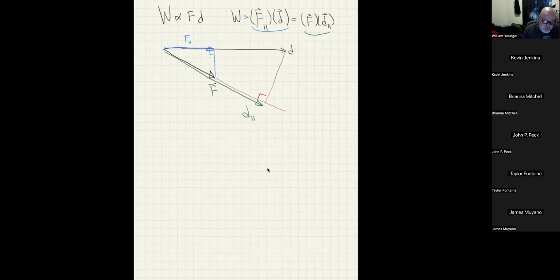Now, both of these, you can look at these vectors as if they're separated by an angle theta, and then there becomes a nice mathematical tool that we can use. And that mathematical tool is called the dot product or the scalar product. So I'm going to say dot product, which is also equal to the scalar product.